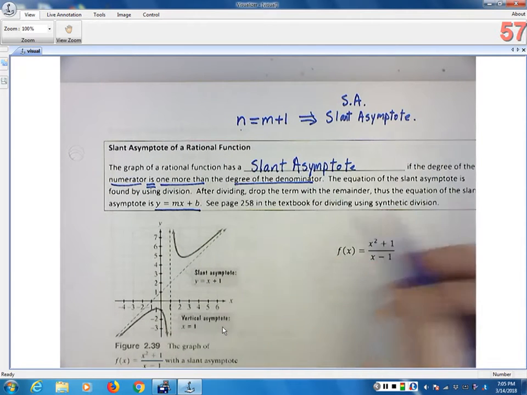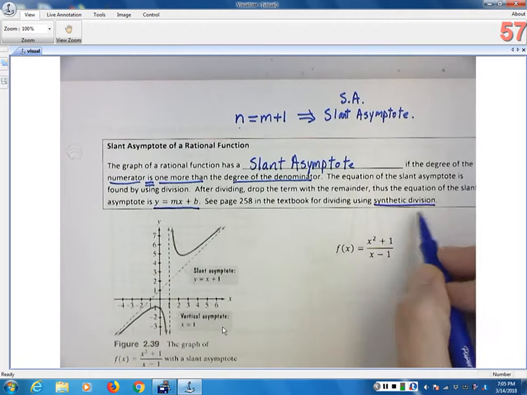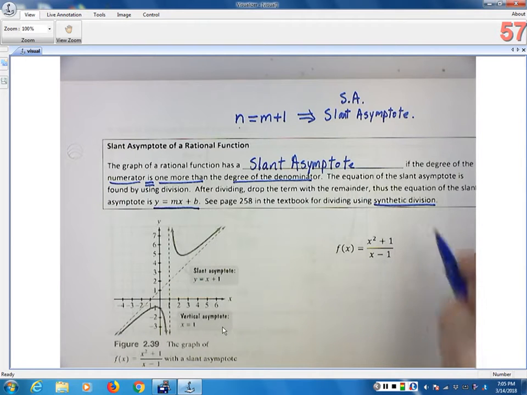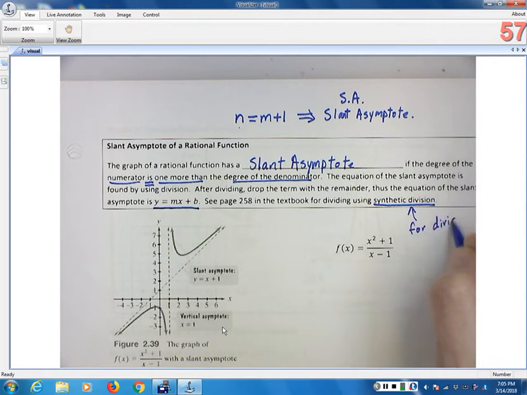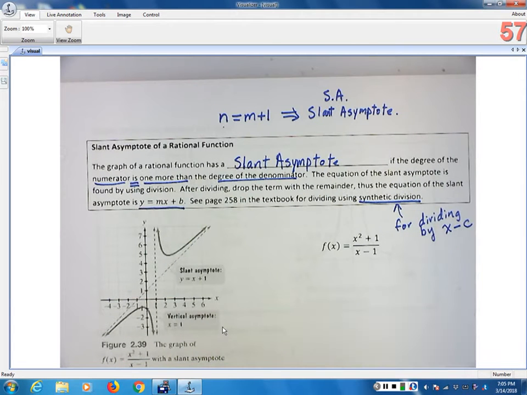And we're going to use synthetic division. Synthetic division, I'm going to show it to you. It's for dividing by x minus a constant. There's a minus sign there.